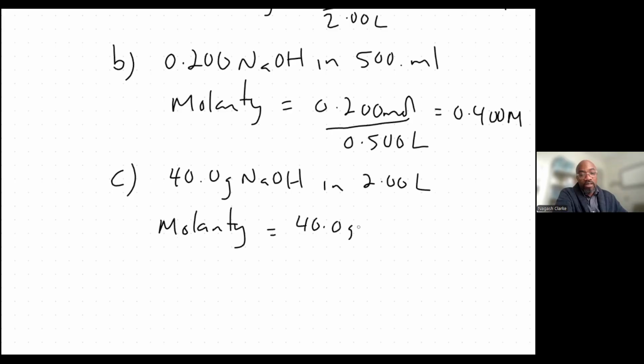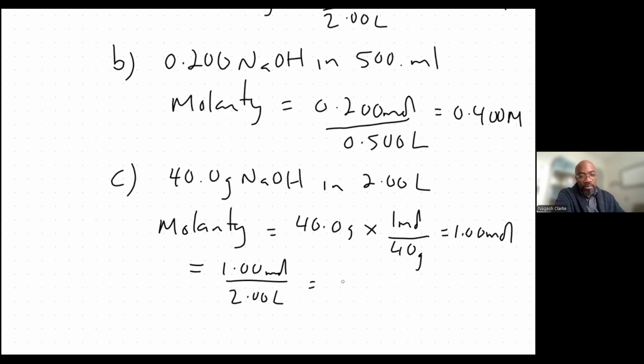The molar mass of sodium hydroxide conveniently is 40 grams: sodium is 23, oxygen is 16, hydrogen 1. So we're going to have 1.00 moles. The molarity is equal to 1.00 mole over 2.00 liters, which would be a 0.500 molar solution.